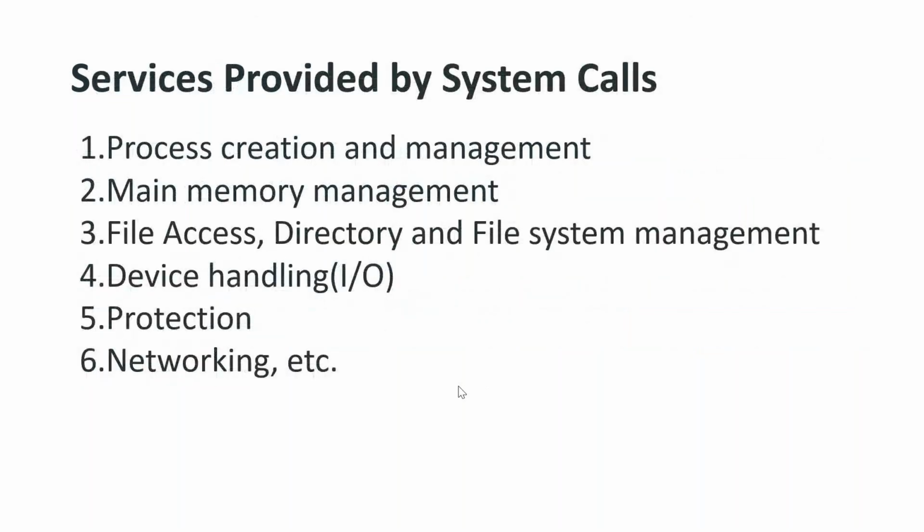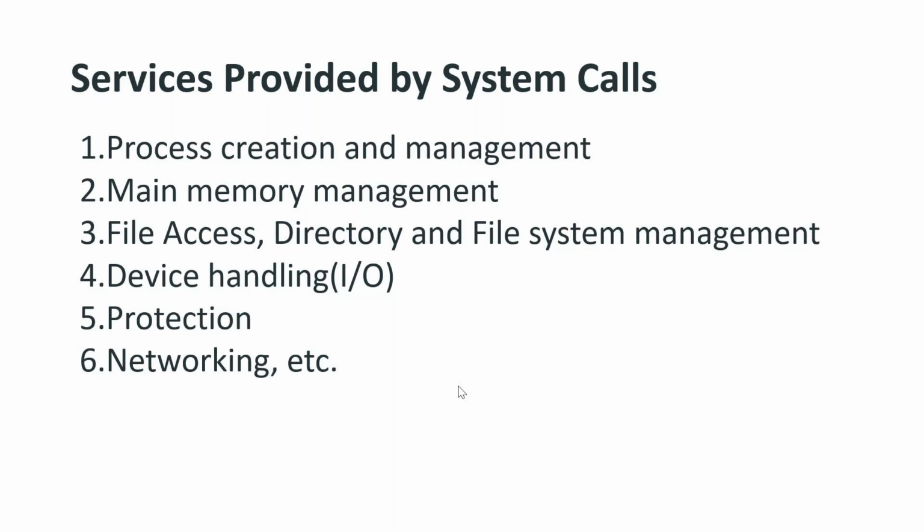The services provided by system call include creating and managing processes, main memory management, accessing files, directory and file system, device handling, protection and networking. In a simple way, if you want to run any software or application in user space, you need a PID, process creation and management. That is done by system call. If you want to allocate memory to the process, that is done by system call.